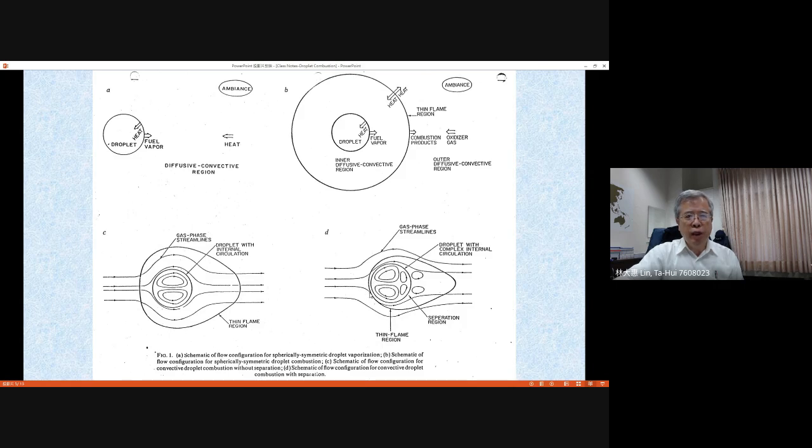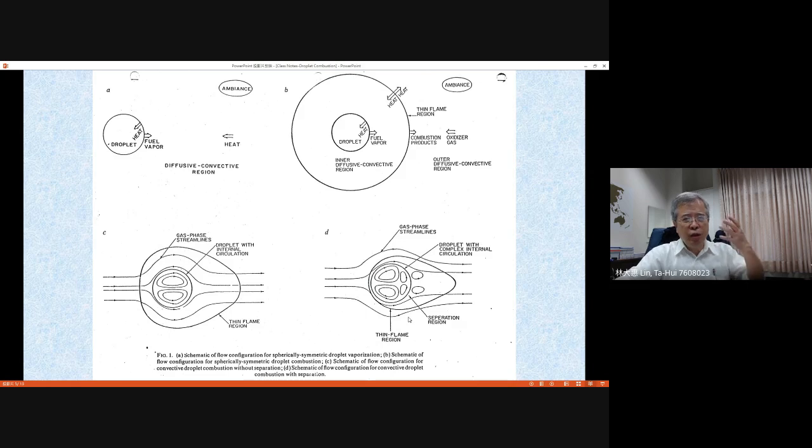Then it will try to find a possible position for stabilizing the diffusion flame. Now you will find that the original envelope diffusion flame will disappear, and the flame will stabilize on the sides of your droplet, and we call this the side flame.